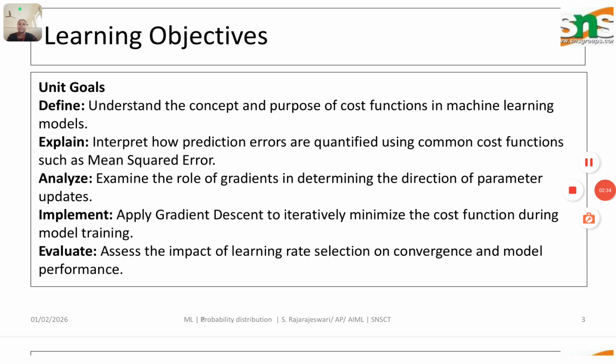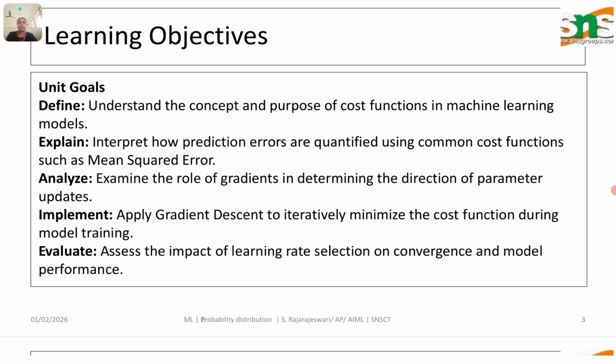And evaluate is used to assess the impact of learning rate selection on convergence and model performance. So this is the basic goal of how we are going to process the cost function and gradient descent in supervised learning: define, explain, analyze, implement, and evaluate.